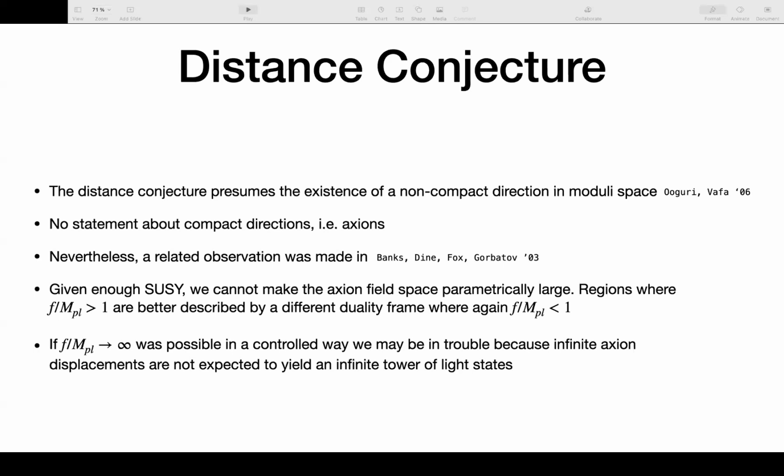Now this is not really a conflict with the distance conjecture as such, but at least morally it is. If we are able to have super-Planckian axion decay constants in a controlled way, we may be in trouble because we do get large axion displacements and we are not expecting a light tower of states.